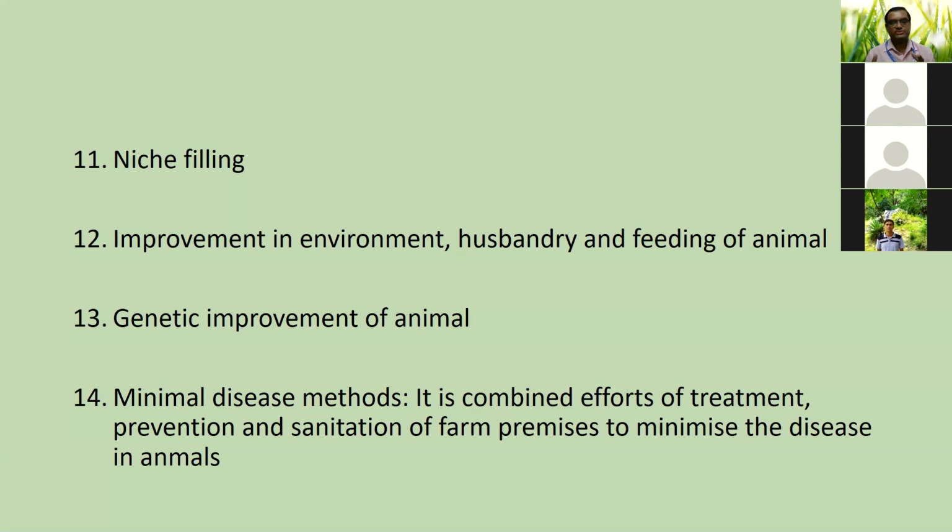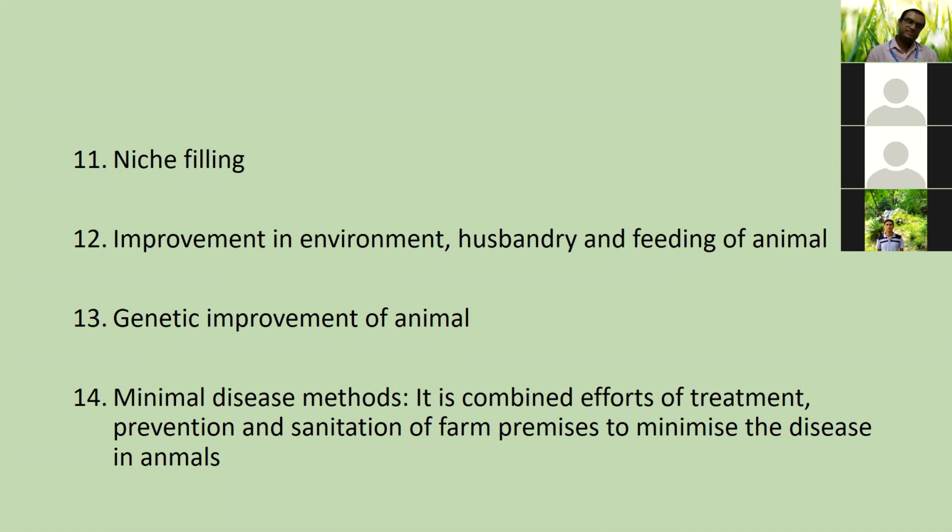Like in the case of brucellosis, there are certain genetic markers available, and those animals which have those markers are selected and bred so that they can have a resistant population. If you have a resistant population, the disease occurrence will automatically be very low. That is the beauty, or you can say the importance, of genetic selection and genetic improvement of animals.